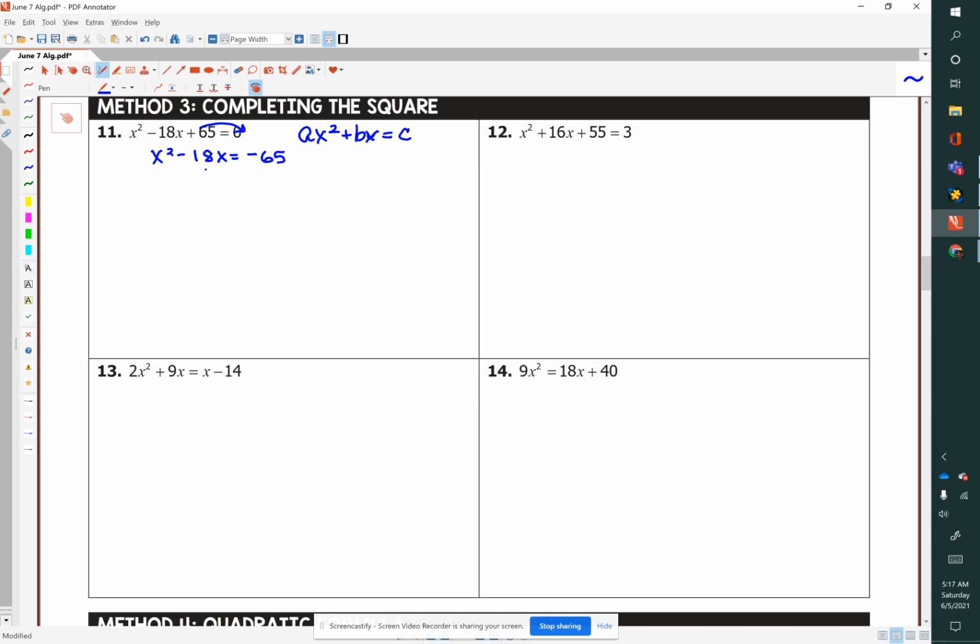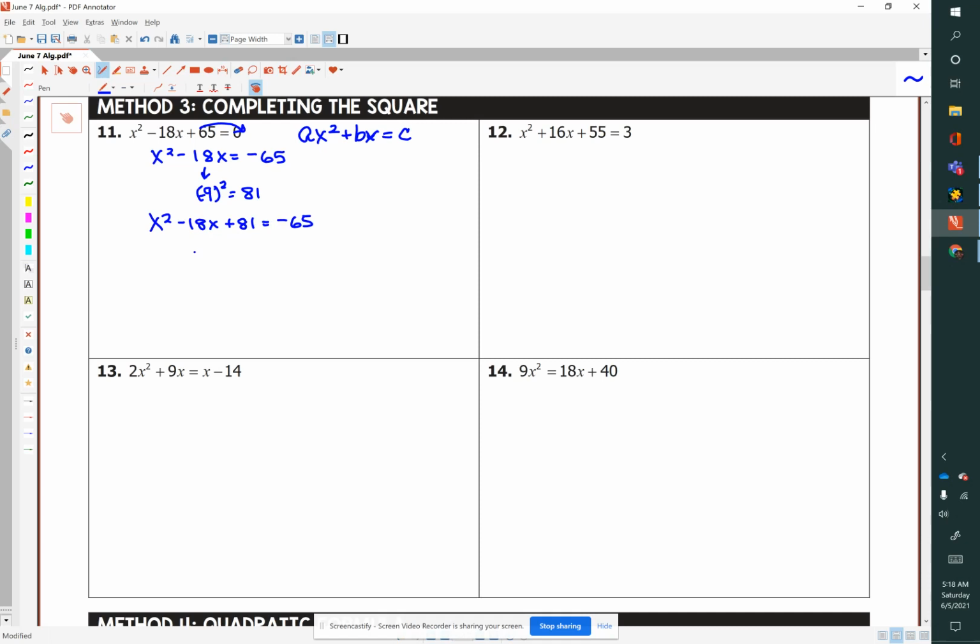And now we want to take half of the b value, which is negative 9, and we're going to square it, and negative 9 times negative 9 equals 81, and then we'll add that to both sides. So x squared minus 18x plus 81 equals negative 65 plus 81.